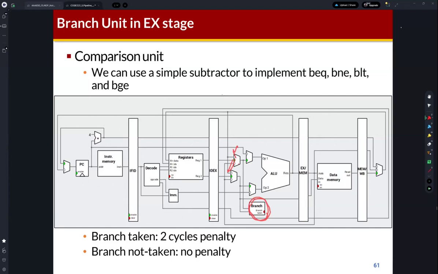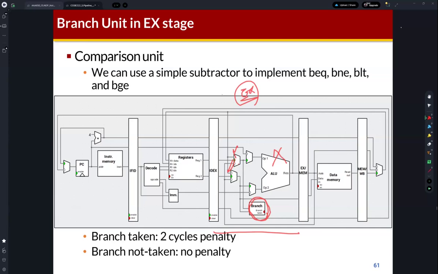In this architecture, you can find that the branch is compared in the EX stage, but branch instructions do not use the ALU, because the ALU needs to support various types of operations. That means the ALU will exhibit a very long delay.